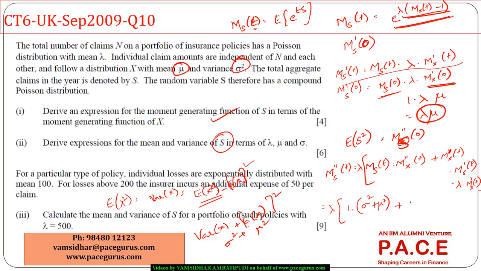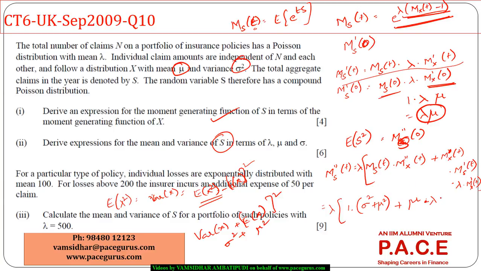Now what about this? M dash x of 0 is nothing but the mean, so I'll have it as mu. M dash s of 0, we got it as lambda mu.